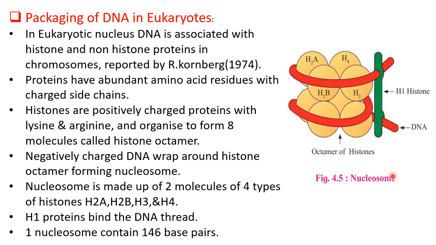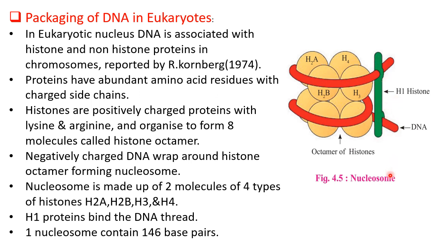So this nucleosome consists of 8 molecules of histone proteins, two each of H2A, H2B, H3 and H4, and it is called octamer. Then it is wrapped around with the help of DNA, and this wrapped DNA is connected with H1 histone.